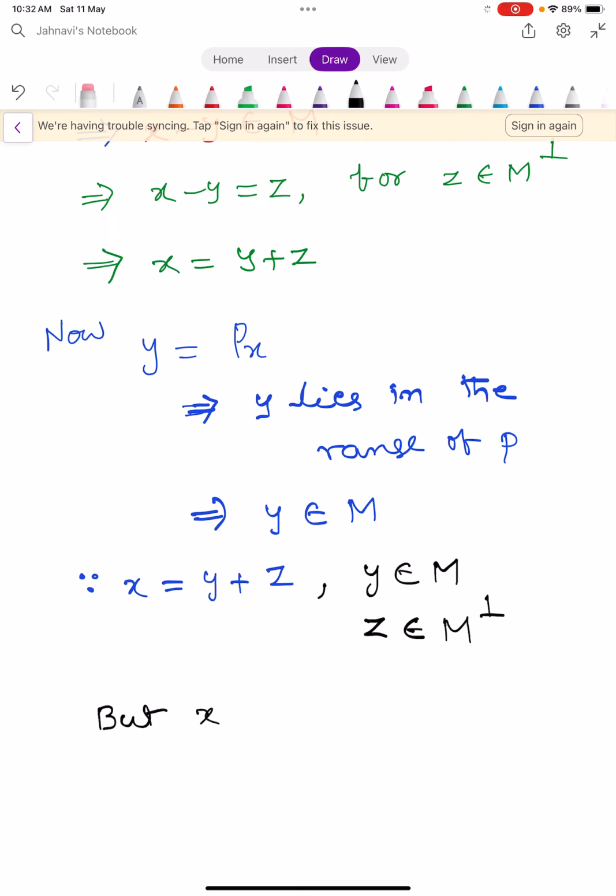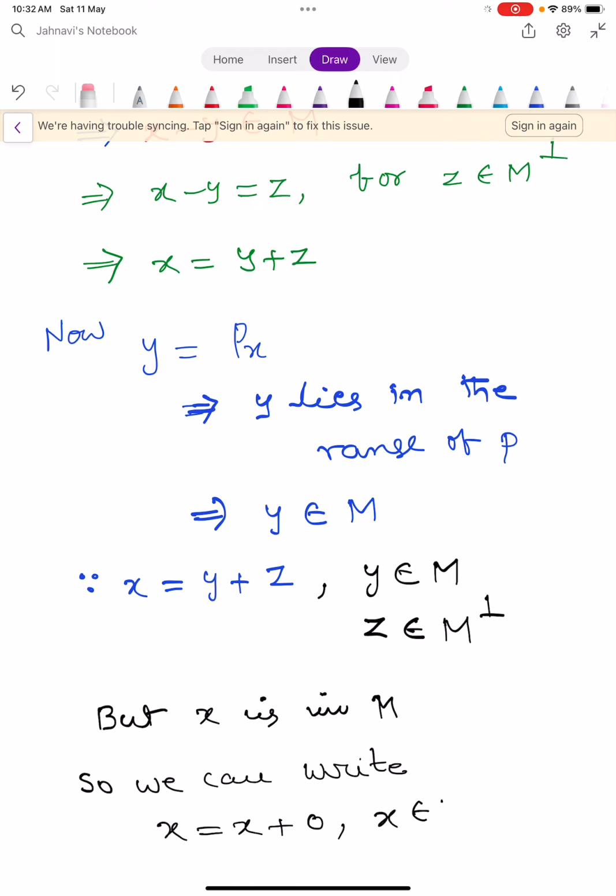But x is in capital M, so we can write x equal to x plus 0 only, where x belongs to capital M, 0 belongs to M orthogonal.